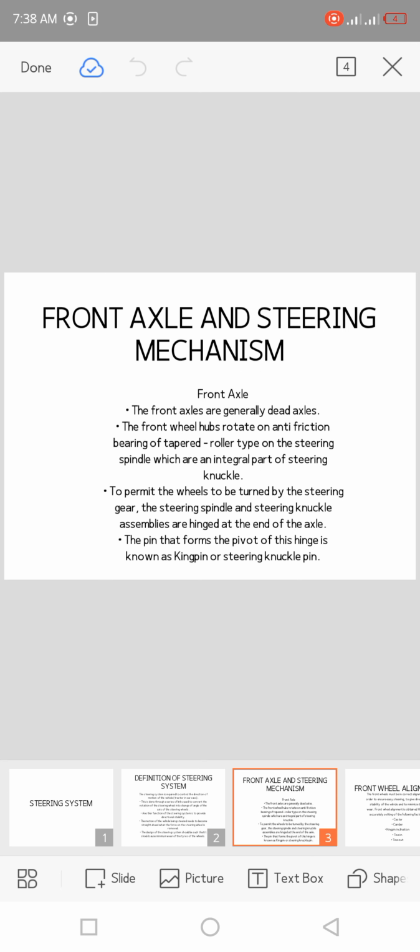Okay, the front axle and the steering mechanism. The front axles are generally dead axles, meaning that it doesn't move, it's just stationary.